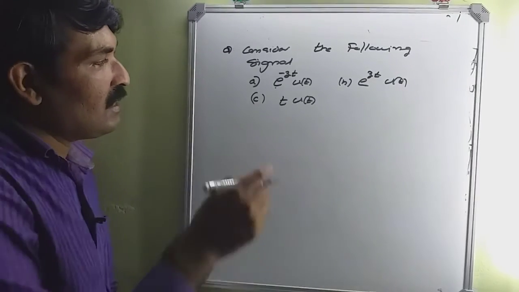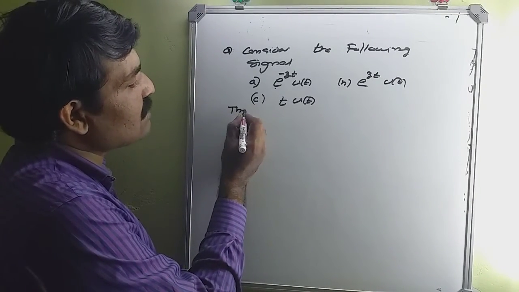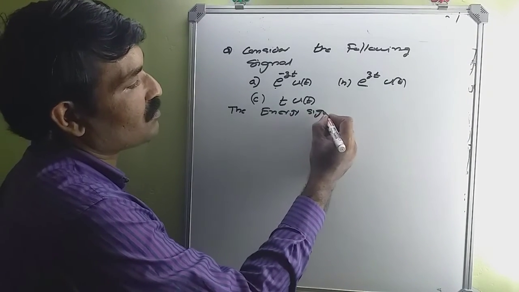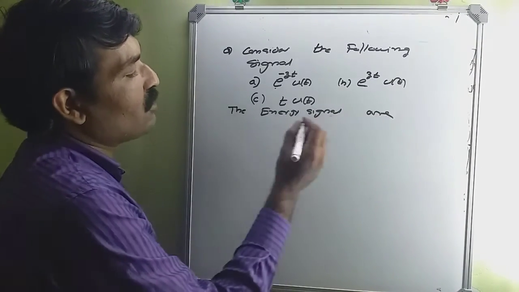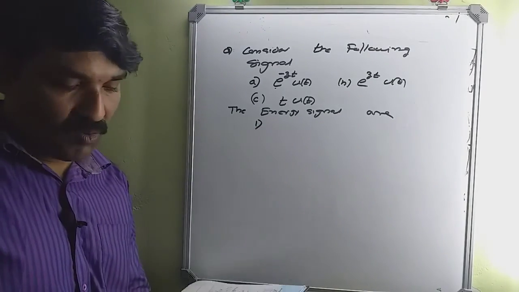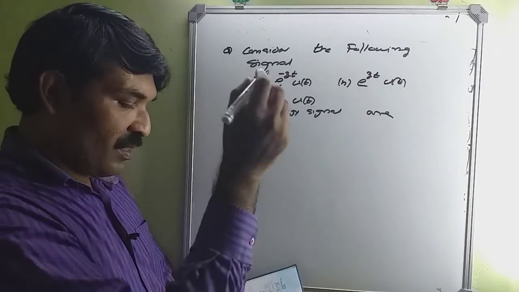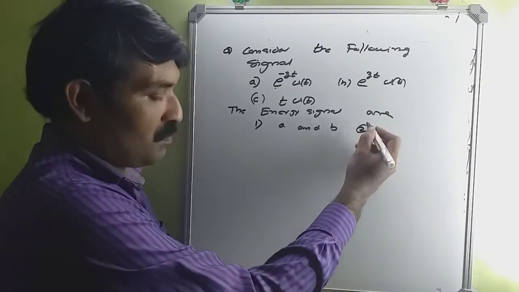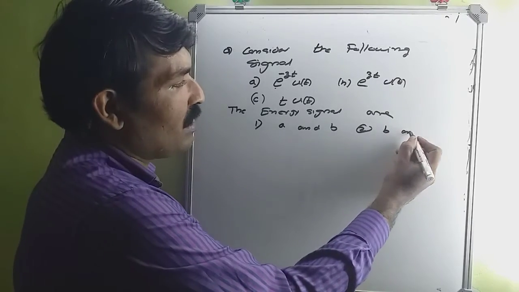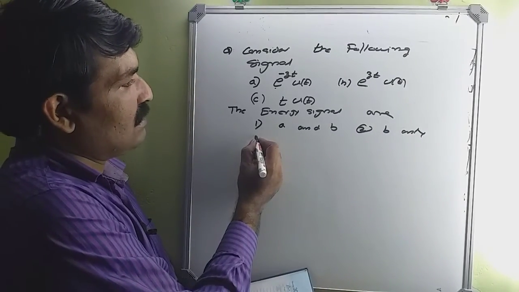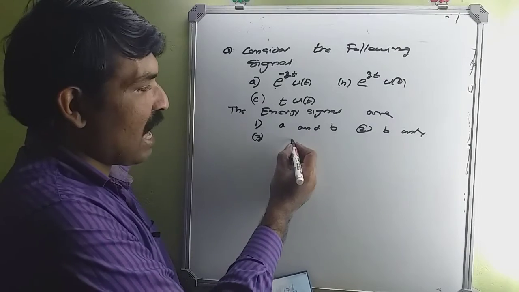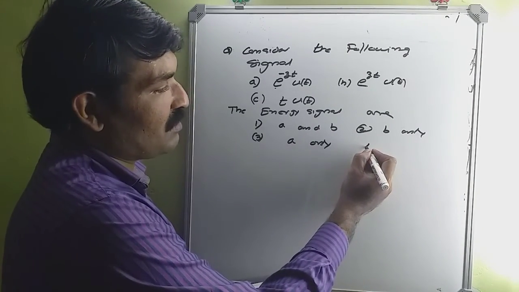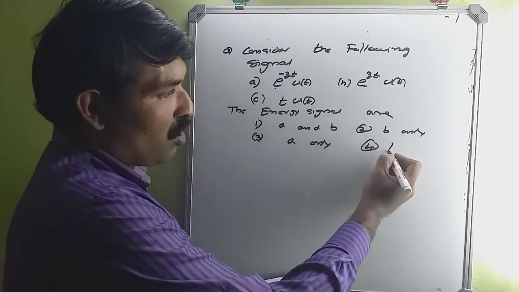Then the question is, the energy signals are: option number 1 is A and B, option number 2 is B only, option number 3 is A only, and option number 4 is all.